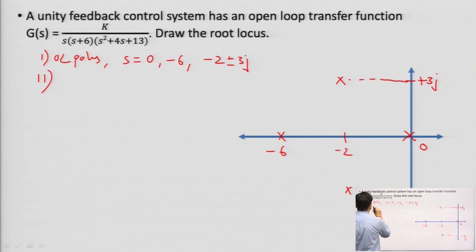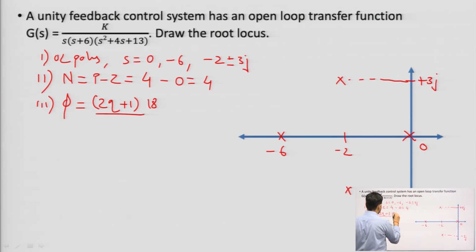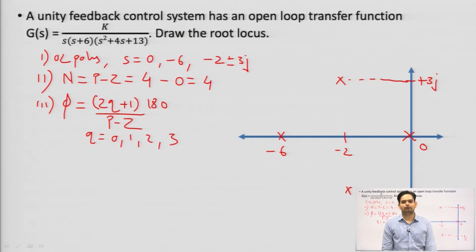First we need to calculate the number of poles going to terminate at infinity, n equal to p minus z. The number of poles is 4, zeros are 0, so n is equal to 4. Now we need to calculate the angle of asymptote, phi equal to (2q plus 1) multiplied by 180 divided by p minus z. Here the value of q would be 0, 1, 2, 3, because n is equal to 4.